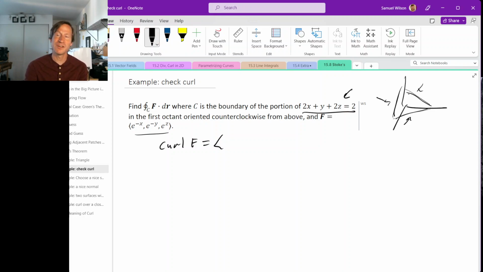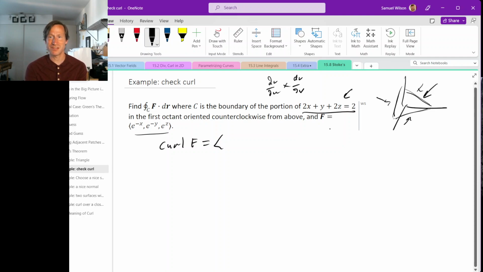As we saw in the last example, with a plane, our normal vector, partial r partial u cross partial r partial v, comes out to be a constant. That would be nice if we switch to the double integral. So let's see if the curl is also nice.